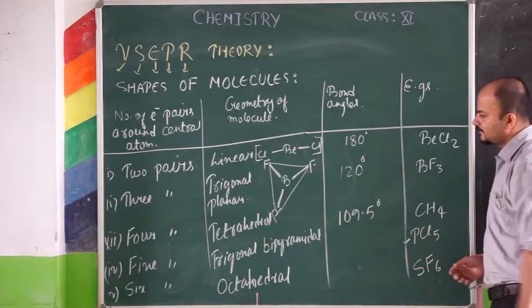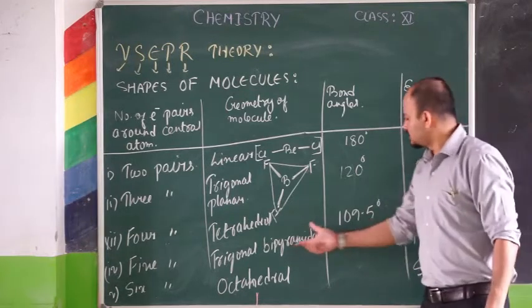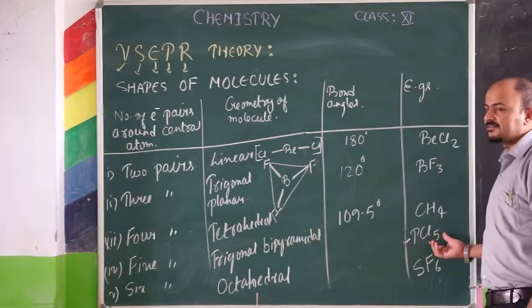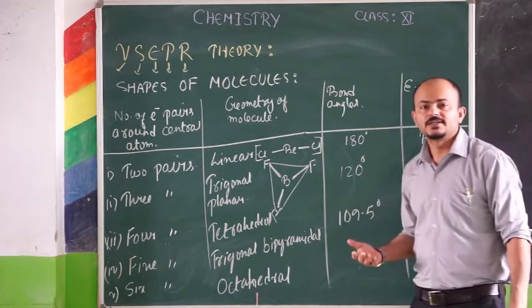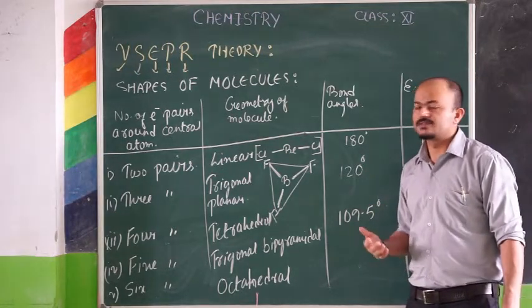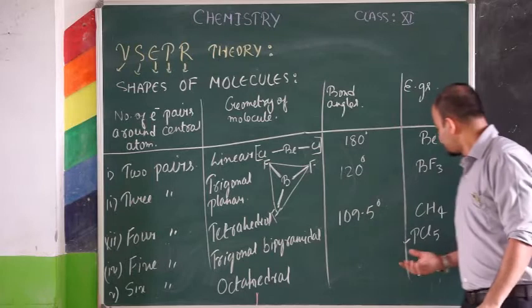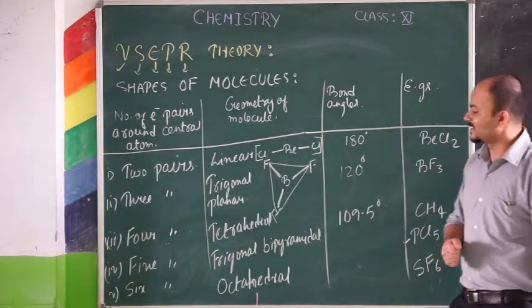The example of trigonal bipyramidal, which we saw today, is PCl5, which has sp3d hybridization. The structure or geometry of PCl5 we have already discussed.